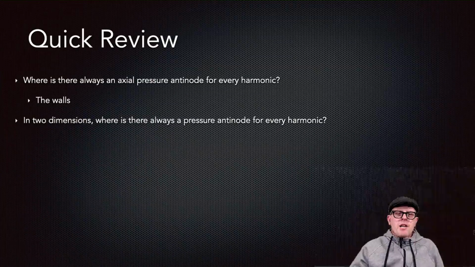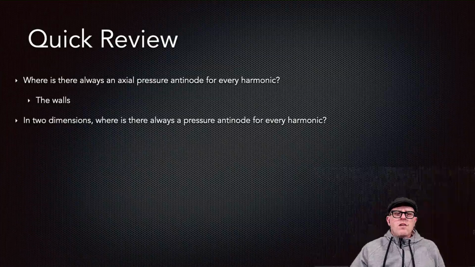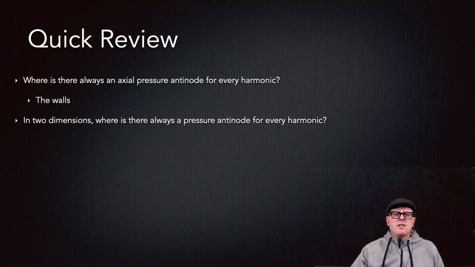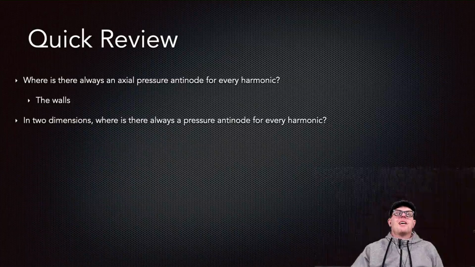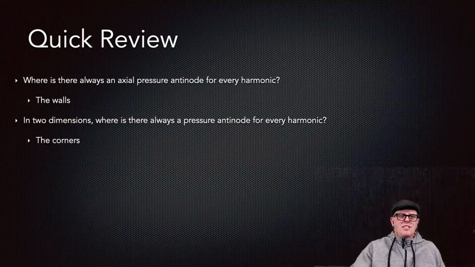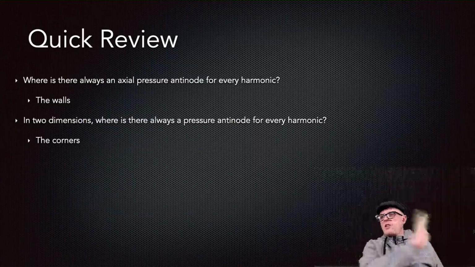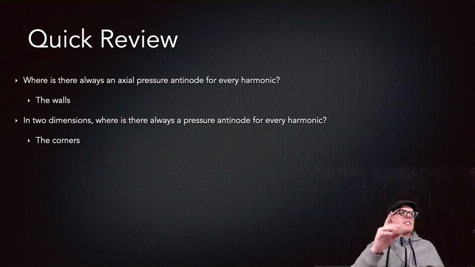So in two dimensions, where is there always a pressure antinode for every single harmonic? How about this one? Corners. I don't think anybody wrote this one down yet. It's the corners, because we know that we have a pressure antinode in this axis and a pressure antinode in this axis, that it's the walls.